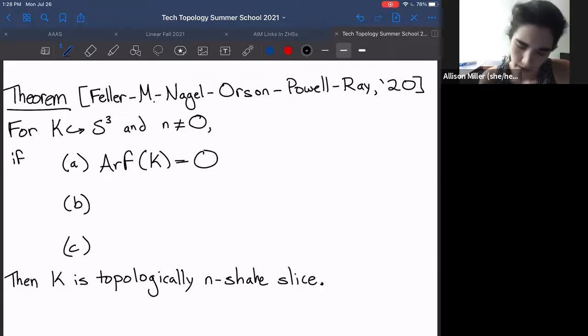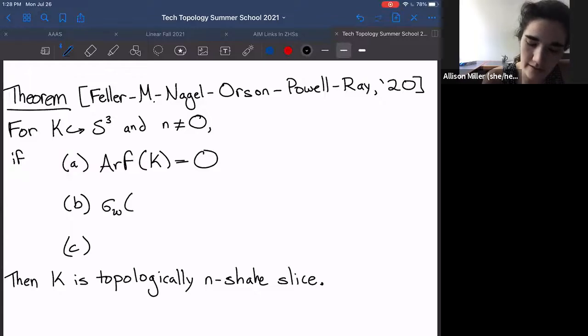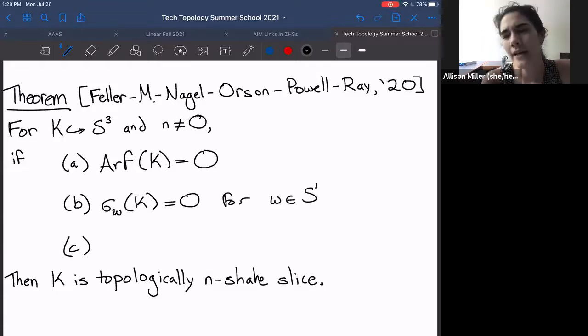It's nice. The second condition is in terms of the Tristram-Levine signatures of the knot, and it says that some of those also vanish. So for which ones? This is where n starts to come into it. Well, for all omega in the unit circle of complex numbers with omega to the n equals 1, so the nth root of unity signatures vanish.